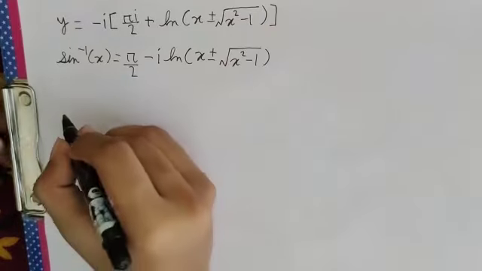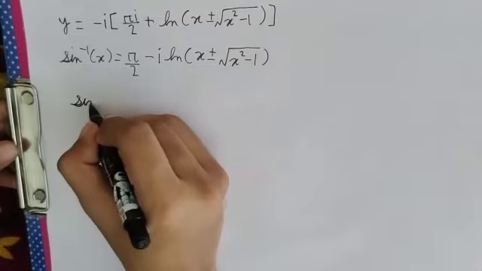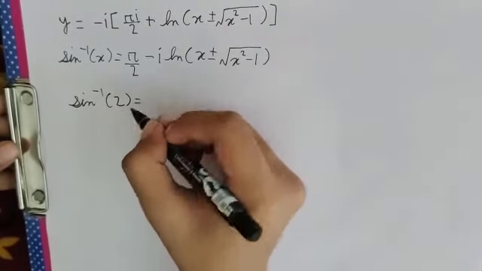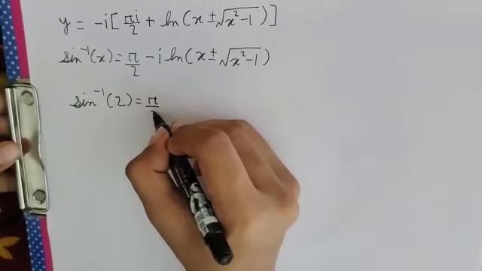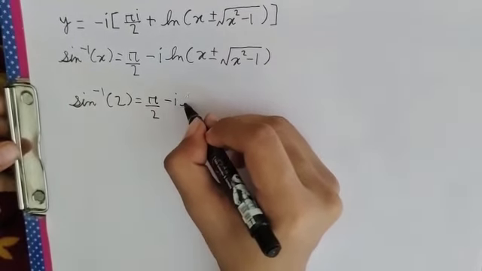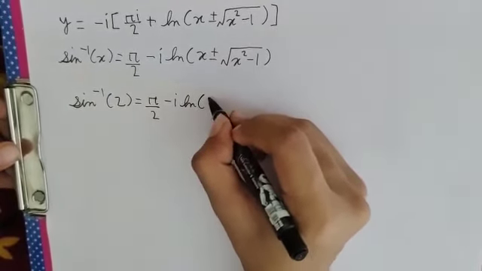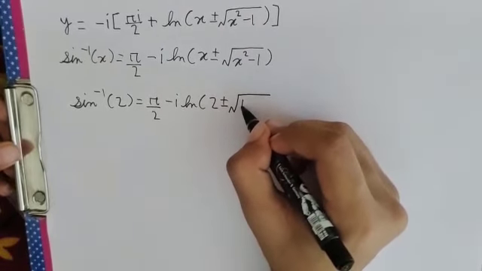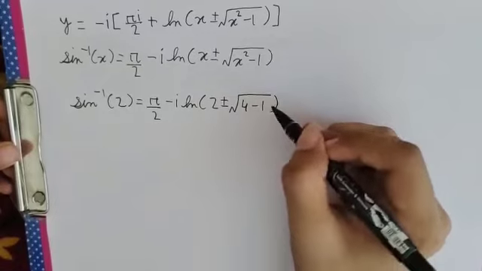Now let's find the value of sine inverse of 2. So we get sine inverse of 2 is equal to π/2 minus i ln of (2 plus minus square root of (4 minus 1)).